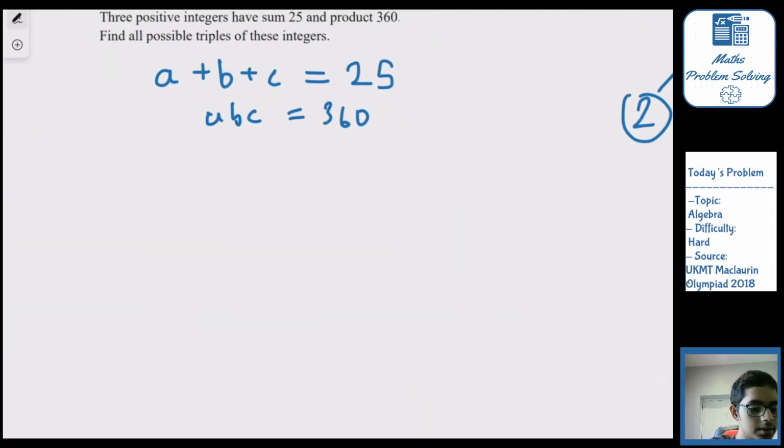So therefore 360 equals 2 cubed times 3 squared times 5.